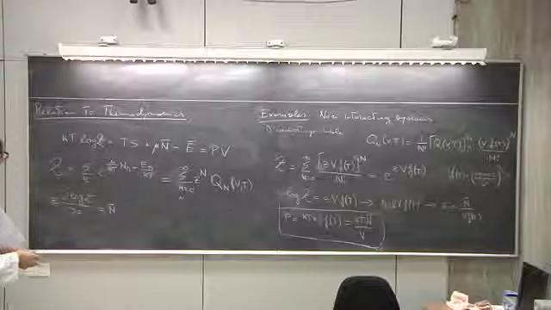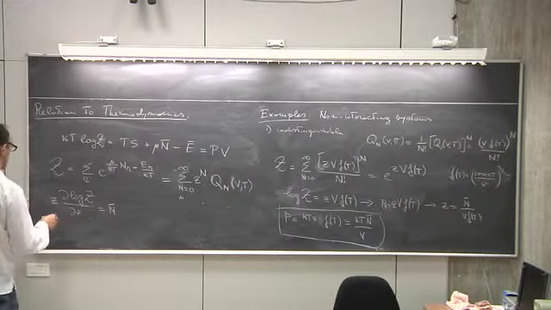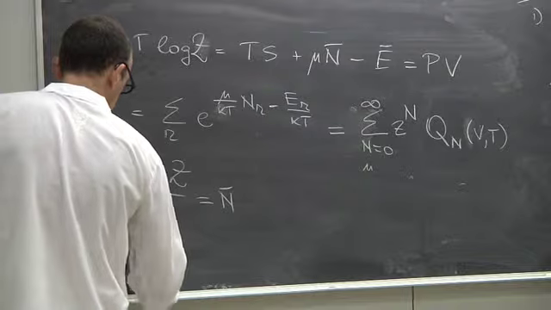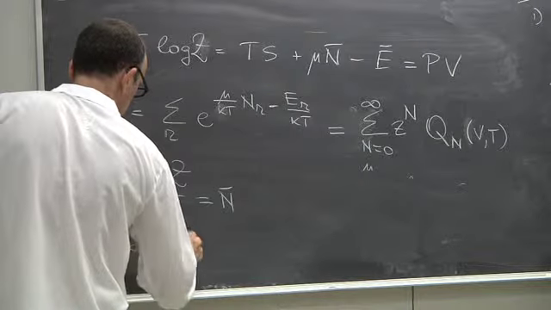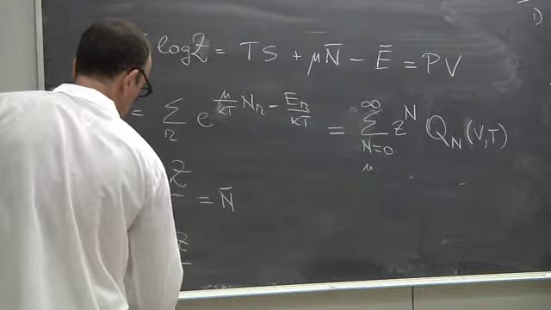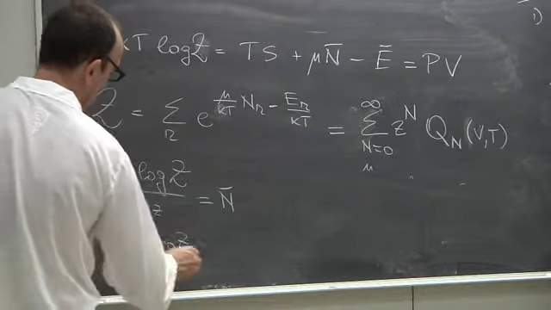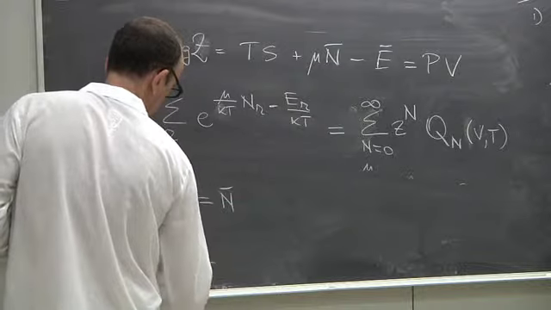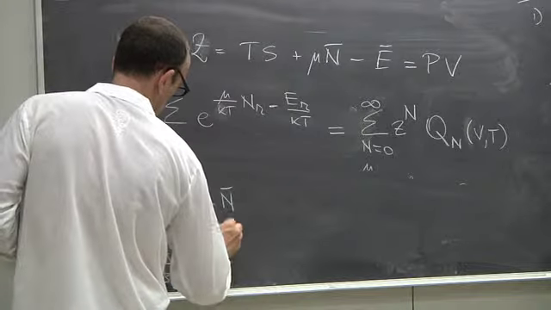And likewise, if you take the derivative of the log of Z with respect to beta, or 1 over kT, you get minus the energy.